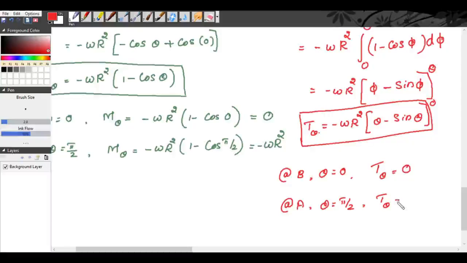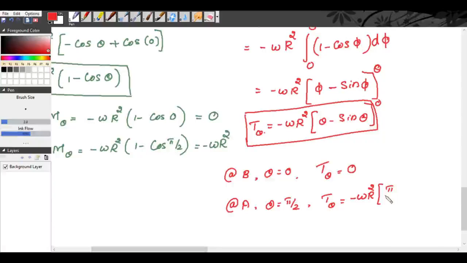We get T theta is equal to minus W R square into pi by 2 minus sin pi by 2. Sin pi by 2 is 1. So T theta is equal to minus W R square into pi by 2 minus 1.